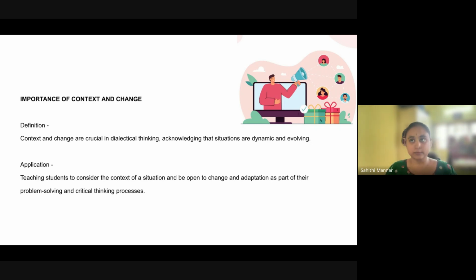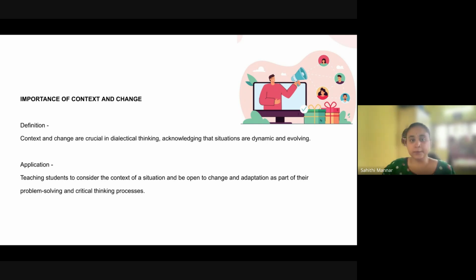Coming to the school perspective, in a classroom this would mean teaching students to consider the context of a problem and to be open to new information and new perspectives, and also making them understand that there will be changes, right?